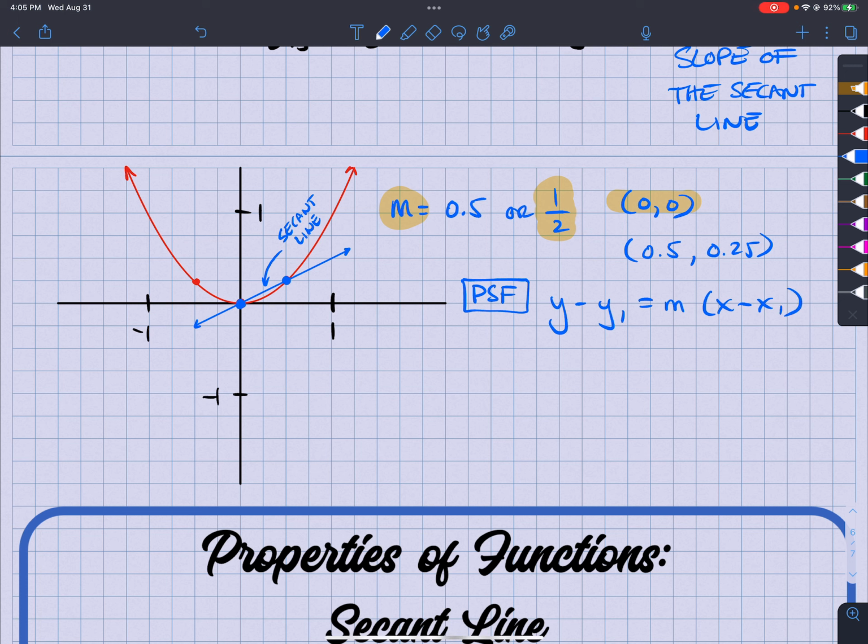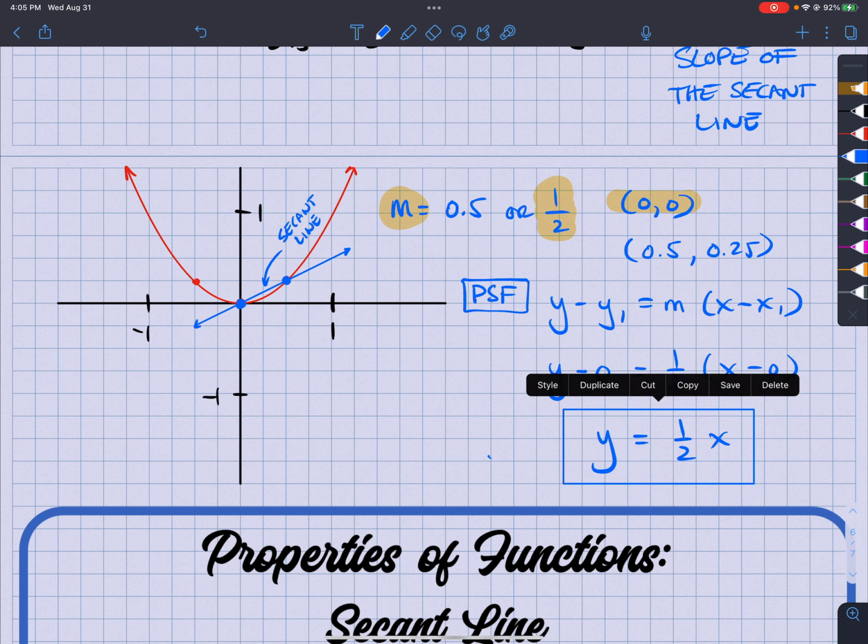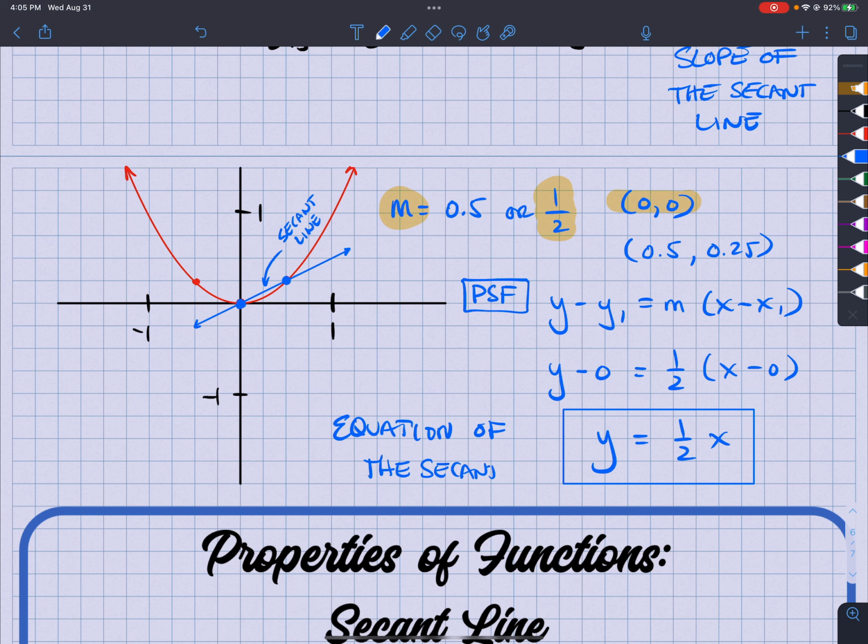So it'll be y minus 0 is equal to 1/2 times x minus 0. So the equation is going to be y equals 1/2 x. And there goes the equation of my secant line.